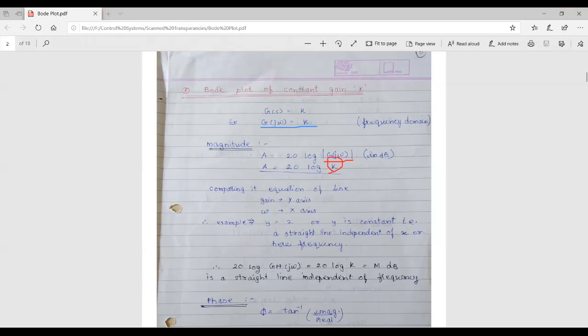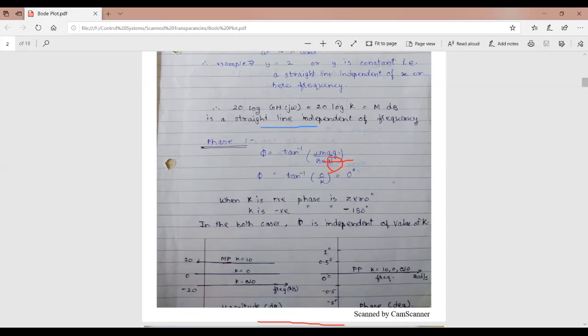If you see, the phase is nothing but tan inverse of imaginary part of K upon real part of K. But in this case, we do not have any imaginary part, so we write 0 and real part is K. So tan inverse of imaginary part upon real part is equal to 0 degrees.